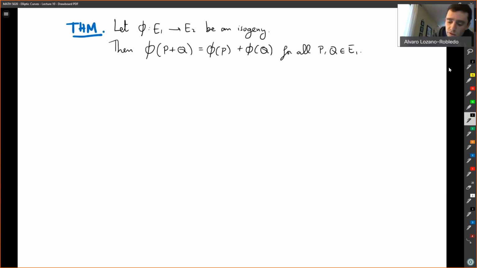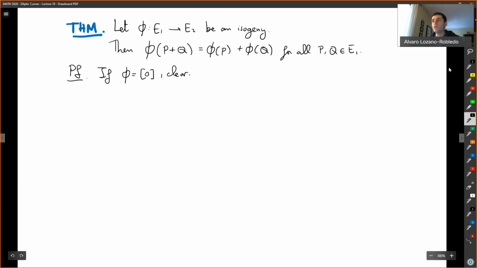Here's the proof. If the isogeny is constant, then this is clear because 0 plus 0 equals 0. Otherwise, we assume that phi is a non-constant isogeny, in which case there is a finite degree to the isogeny, so this is a finite map.